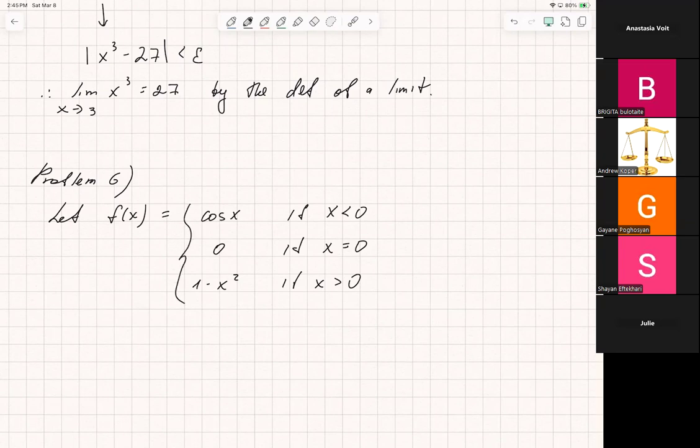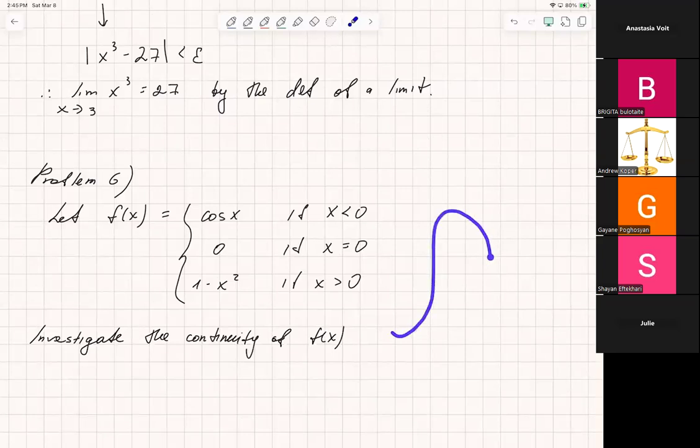What we need to do is investigate the continuity. What does it mean to investigate the continuity? We need to check how the function behaves essentially everywhere. We want it to be continuous everywhere, so we need to check all the points.